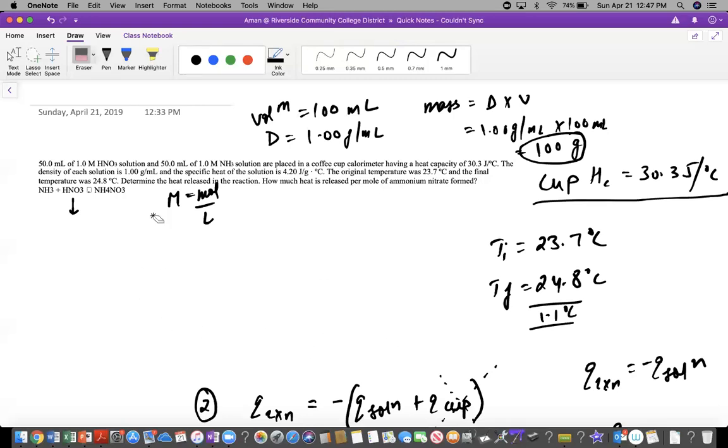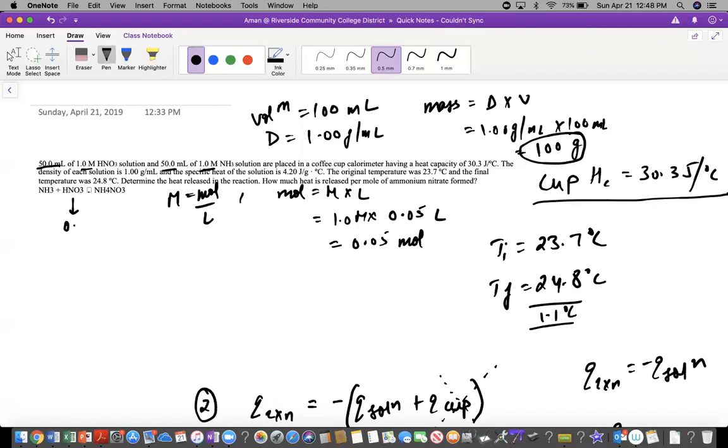The numbers are the same for both: 50 mL and 1 molar. So molarity is 1 molar and volume is 0.05 liters, and my answer is 0.05 moles.